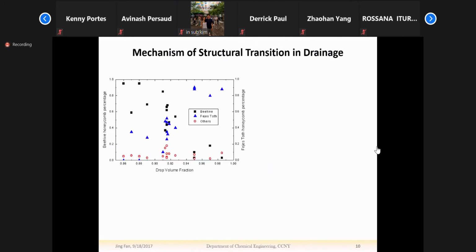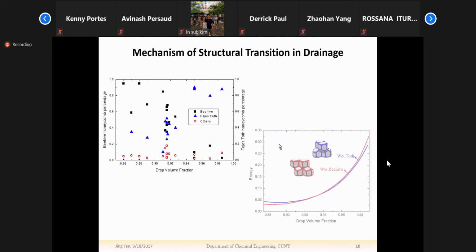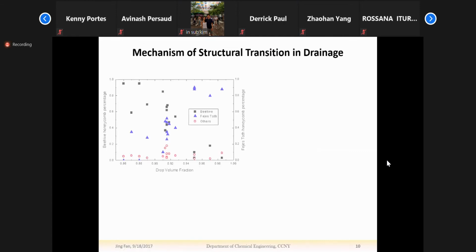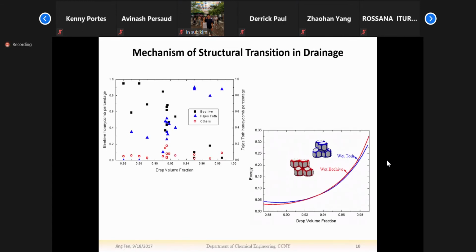So as I mentioned, there is a structural transition in this drainage process. If we look at the pictures here, initially it's this, we call it beehive honeycomb structure. Then after you remove a lot of the continuous phase, they become FT honeycomb structure. These are 2 different structures. And we reasonably assume that in this emulsion, or even foam structures, the surface energy is the dominant energy in this system.